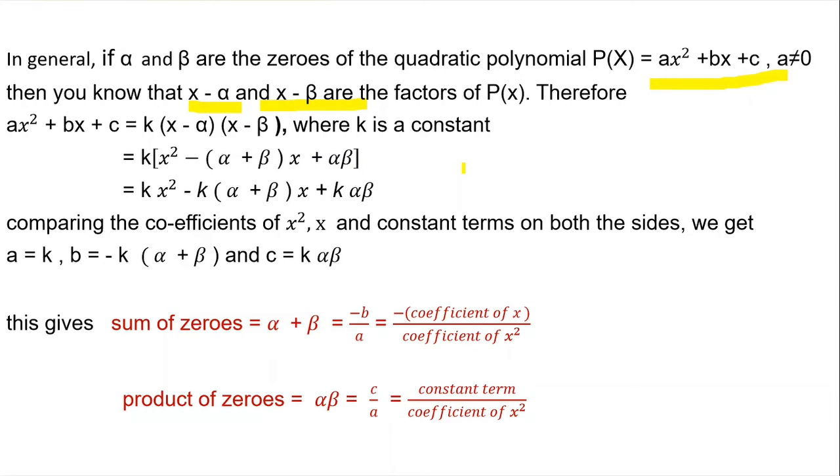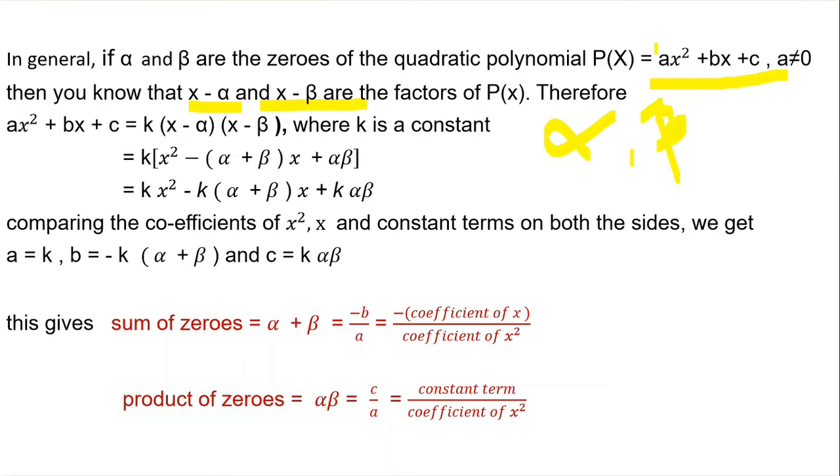It is very useful in problem solving when the question gives the value of alpha and the value of beta, says these two are zeros of a quadratic polynomial, and we have to find the required polynomial equation.